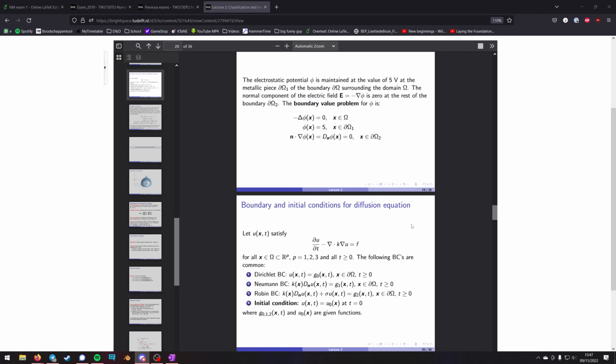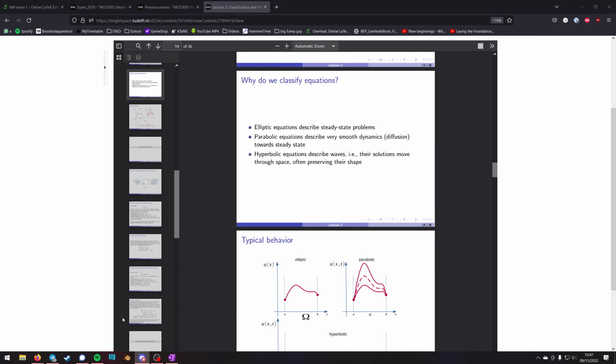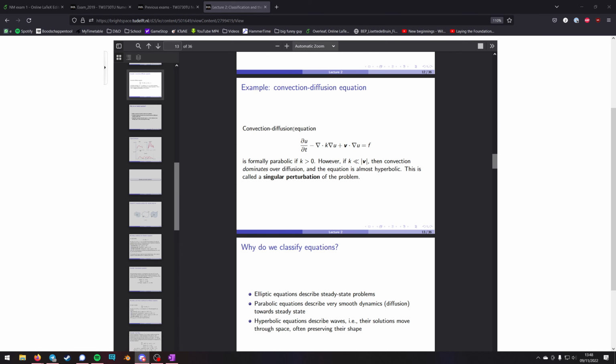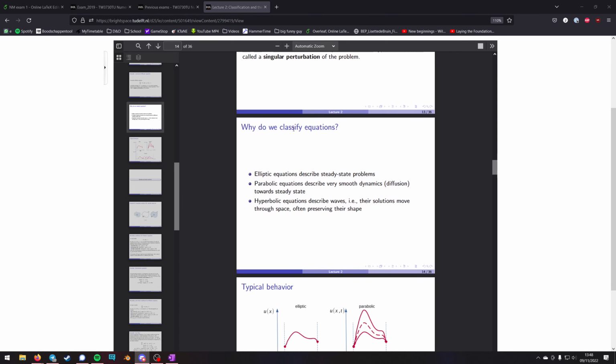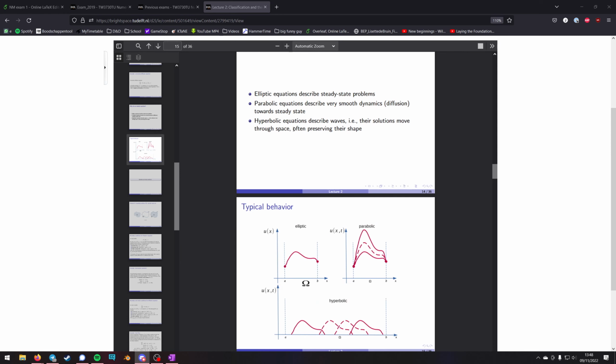I'm back. I was looking at my notes for the lecture. Okay, so that actually doesn't tell us much. I mean, yeah, it tells us that it's a steady state problem, so that's good.